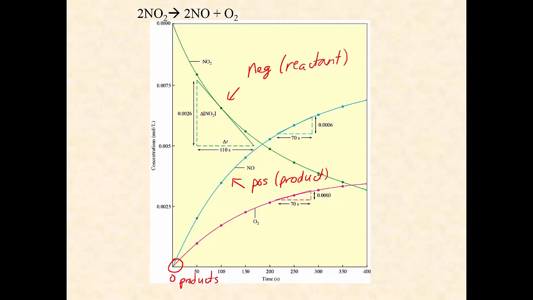Linear is easier. But what you can do, just like in physics, is calculate an average rate. If you know a final and an initial, you can have an average rate. We can also calculate an instantaneous rate, just like you did in physics, where you take the slope at that point. The slope at that point would give you an instantaneous reaction rate.